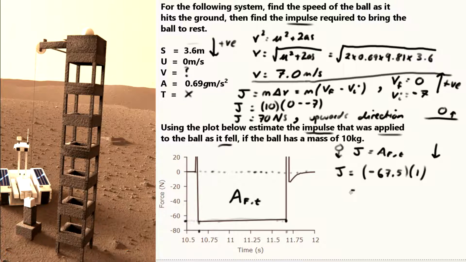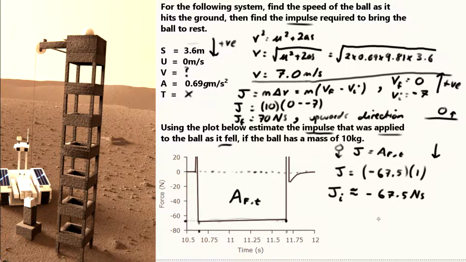And this means that our impulse here is going to be approximately 67.5 Newton seconds. I'm now going to label this the initial, and the one up here the final impulse.